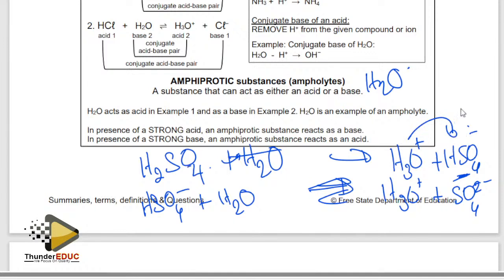But when it comes here, it becomes the acid, because it gives the hydrogen ion to water and forms the hydronium ion and the sulfate ion. So it can act as an acid, and it can act as a base. You can also bring phosphoric acid, so please know those things.